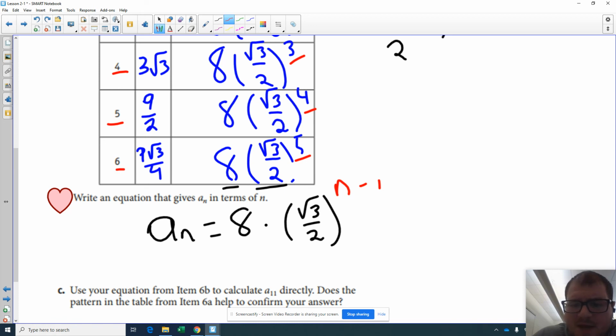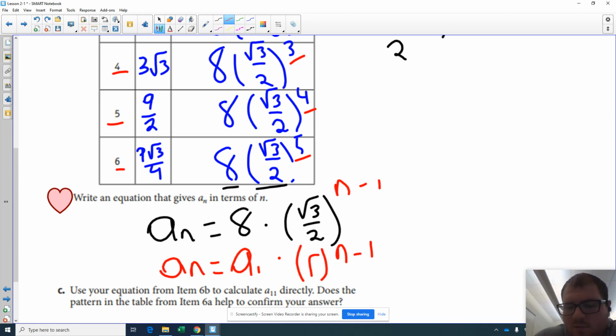And every time that will tell us the exponent being used in the problem, okay? This basically helps us derive an equation for this problem. If I want to try to find any geometric sequence, I'm going to take the original term, which is a of 1, and multiply that by the ratio to the power of the term number minus 1, okay?